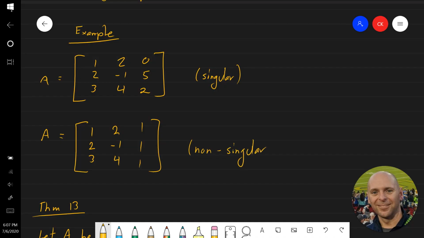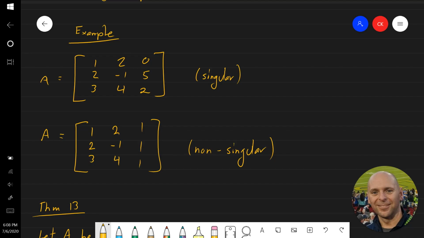It's a little counterintuitive in the sense that when we only get one solution, we refer to the matrix as non-singular, and if we get infinitely many solutions to the homogeneous equation, we refer to the matrix as singular. You'll have to get used to that counterintuitive terminology; it's just the way it was decided for some reason. So that's our singular and non-singular matrices.